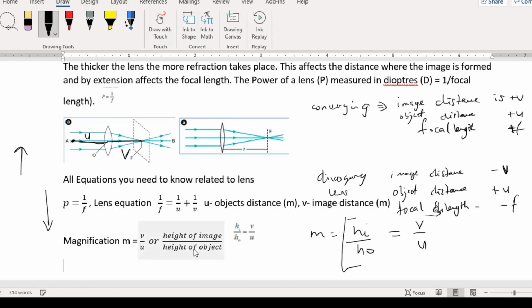Since they're equal, you could link them together and transpose to find out what your image distance or your object's distance is. It depends on what you're trying to find. So you're not limited to the information that you're given when you're dealing with these problems. Make sure you pay attention to this, that you can actually use that to figure out some unknown thing. All right. But if there are any questions, please let me know.